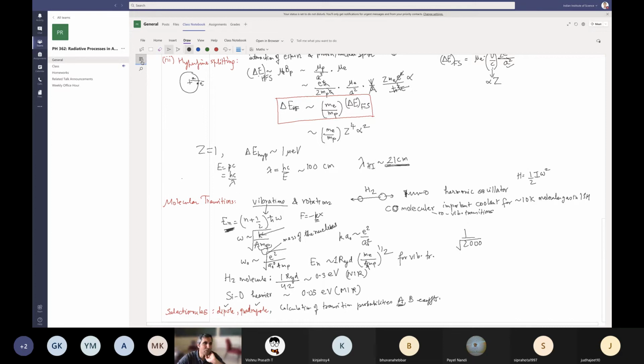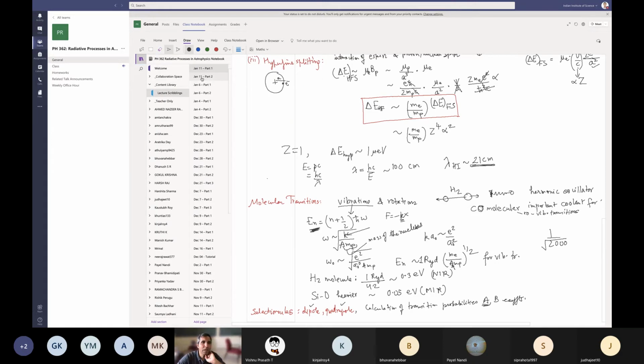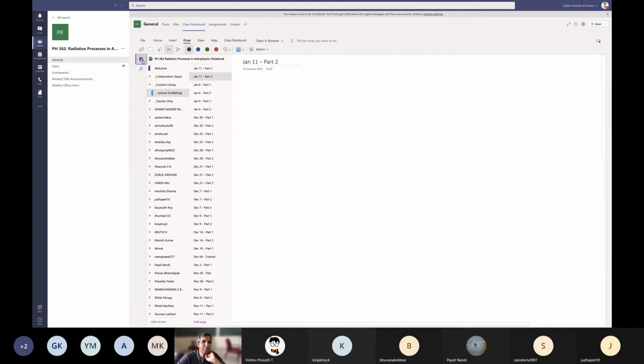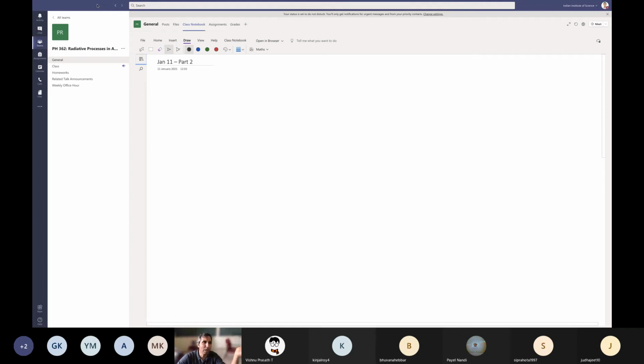Now we are going to talk about line broadening mechanisms. What happens once you have a line? What after that? So now we'll talk about line broadening mechanisms.